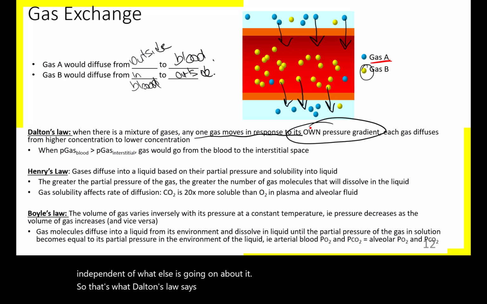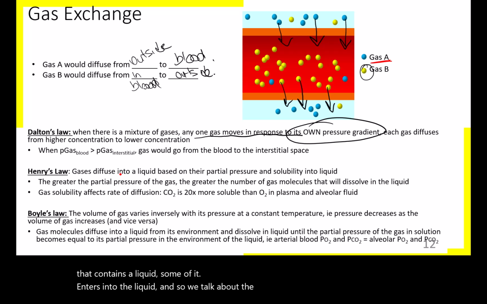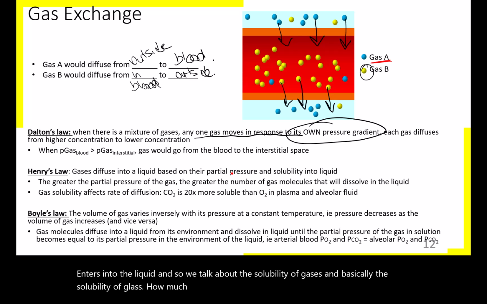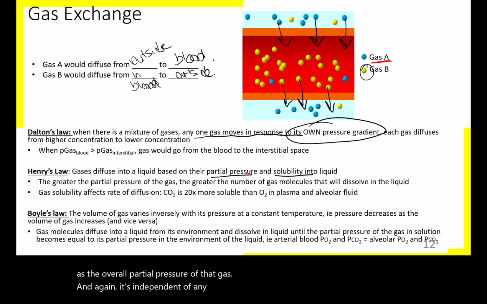Henry's law says that once gases move into something that contains a liquid, some of it enters the liquid. We talk about the solubility of gases: how much gas is soluble in a liquid depends on its solubility as well as the overall partial pressure of that gas, again independent of any other gases in the mixture.